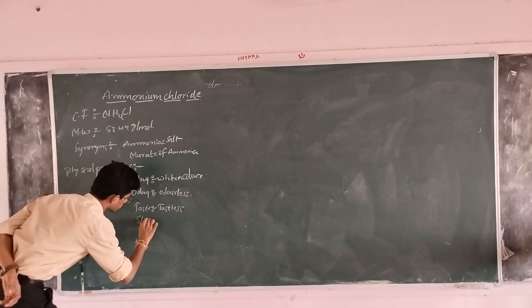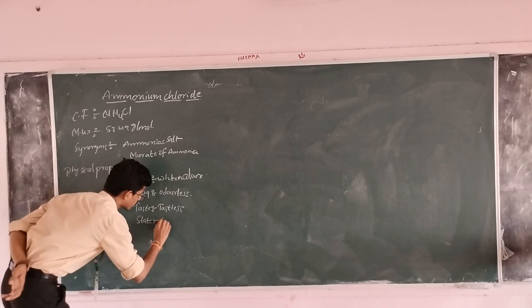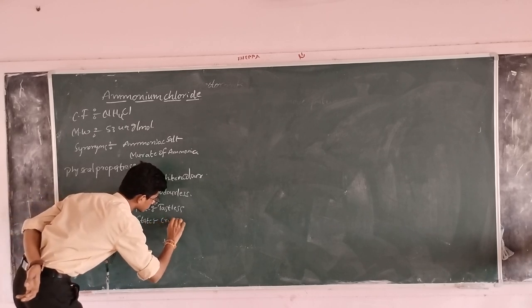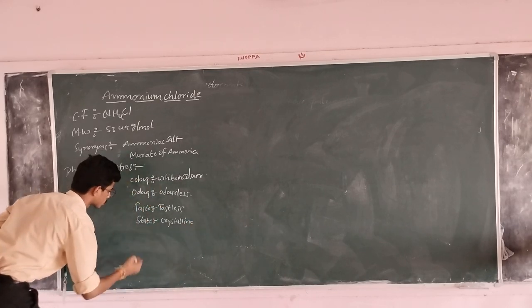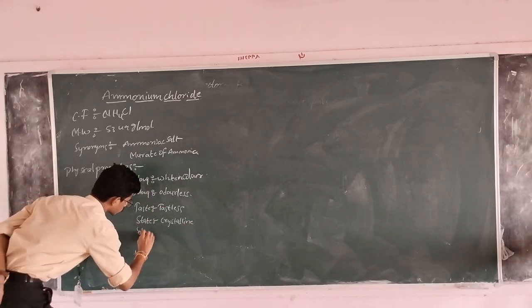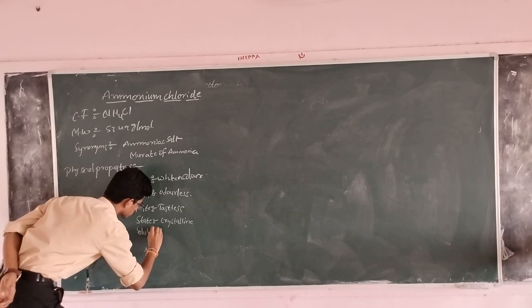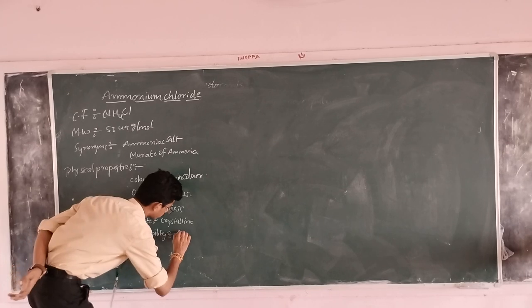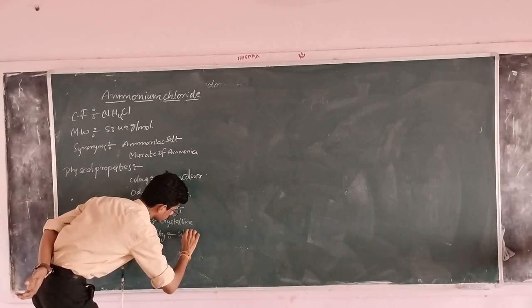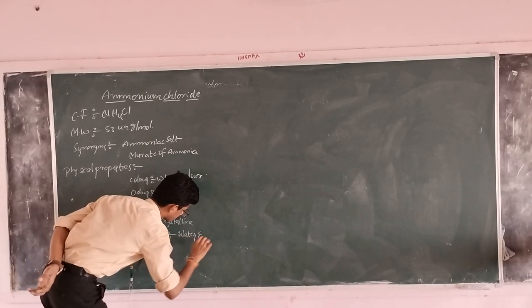The state of this ammonium chloride is crystalline in nature. It is in the form of powders, like salts. And the solubility: it is soluble in water and glycerin.